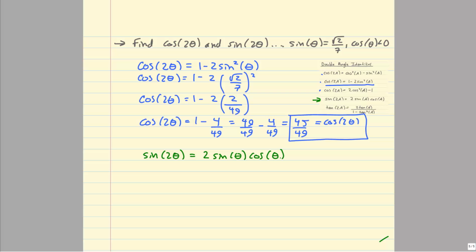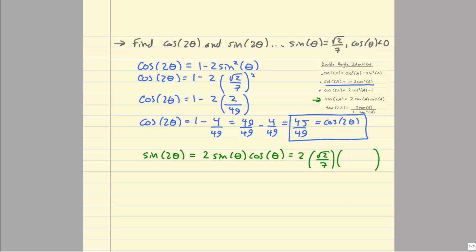Okay, so again, I'm trying to find the sine of 2 theta. So 2 sine theta cosine theta. I'm given that the sine of theta is root 2 over 7. And apparently I just need to figure out what the cosine of theta is now.